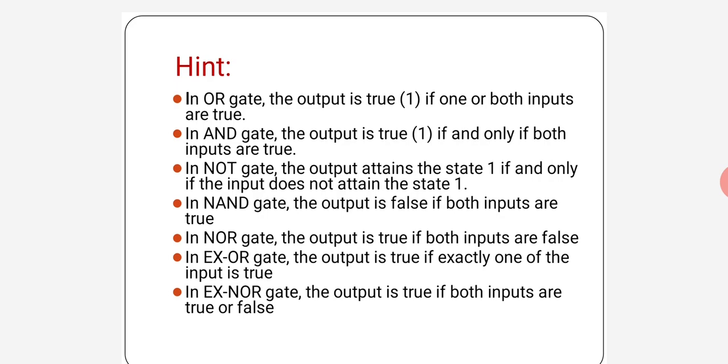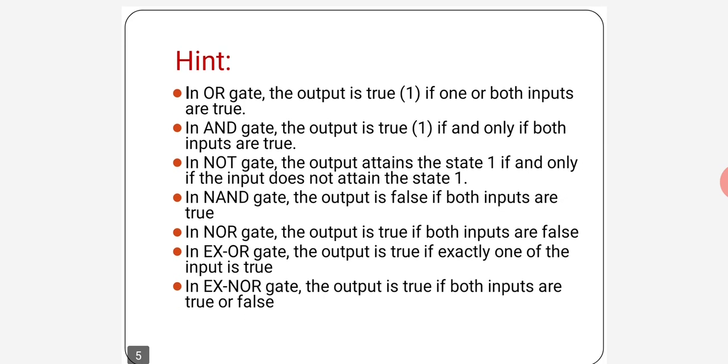Now, in the first place, in OR gates, the output is true. When I say the output is true, it means that the output is high, or you say the output is 1. So in OR gates, the output is true or 1 if both inputs are true, or one of the inputs is true.